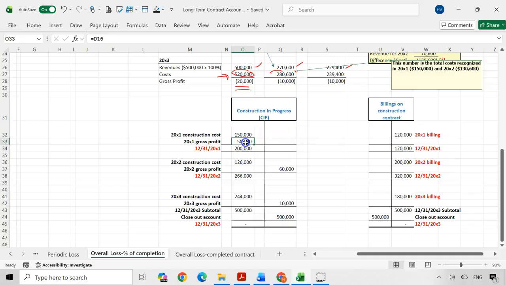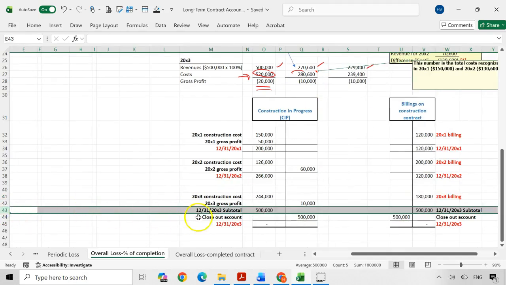And then we have $50,000 of gross profit in year 1, $60,000 of gross loss, and $10,000 of gross loss in year 3. We also recorded our billings for each year, which means our accounts receivable billings on this account called Billings on Construction Contract, which is a contra asset account to the construction in progress. Let's go to the end.